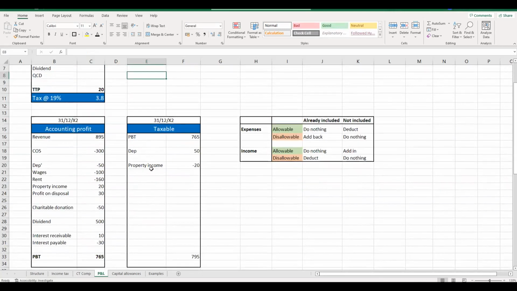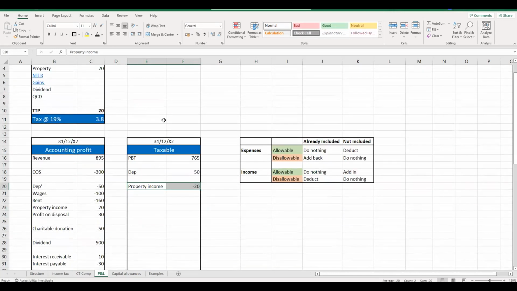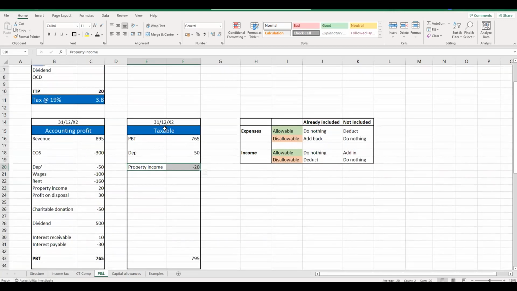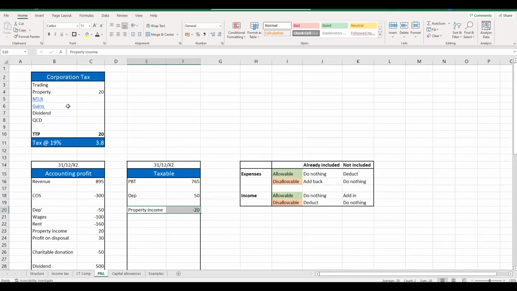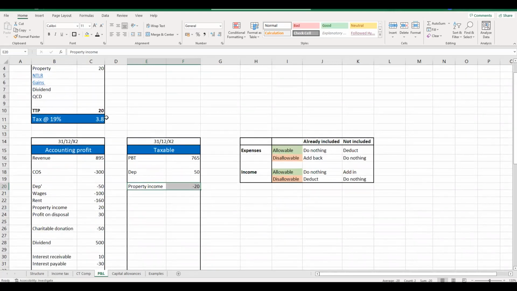So we're basically moving it from the trading income to the property income box because it's not part of their trading income. It's quite an important mechanism that you'll see in these sorts of corporation tax questions, where we're moving amounts from trading to other boxes on the pro forma.